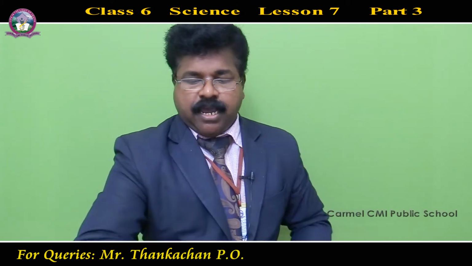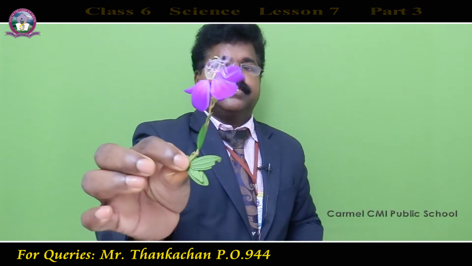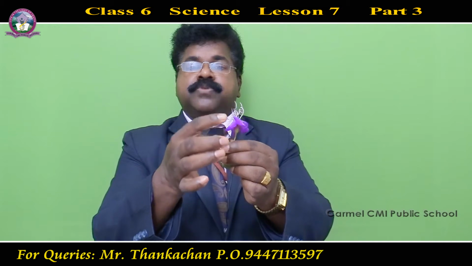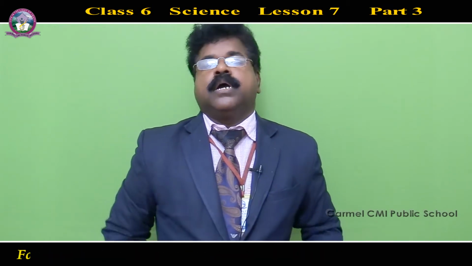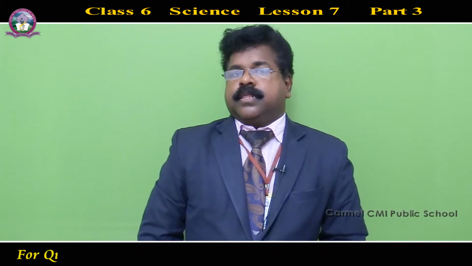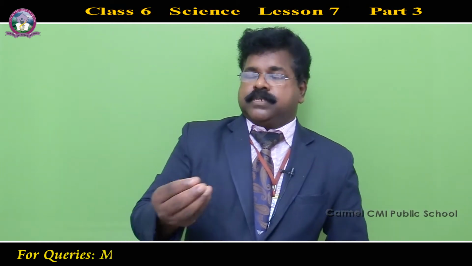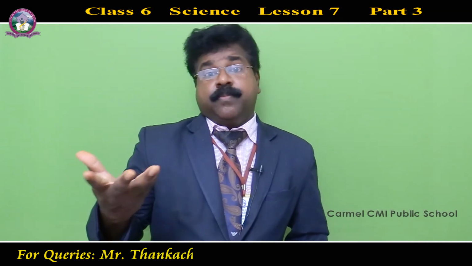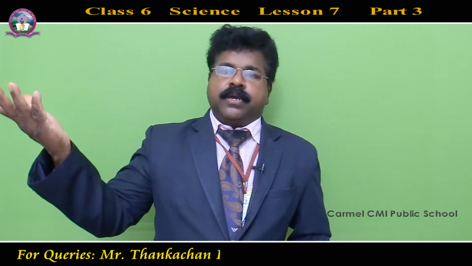And if you see the stamens in this flower, and if you count the number of stamens, it is different from one flower to another flower. The number of stamens will not be the same in all flowers. In some flowers, the number of stamens will be 5, sometimes 9, or sometimes 4.